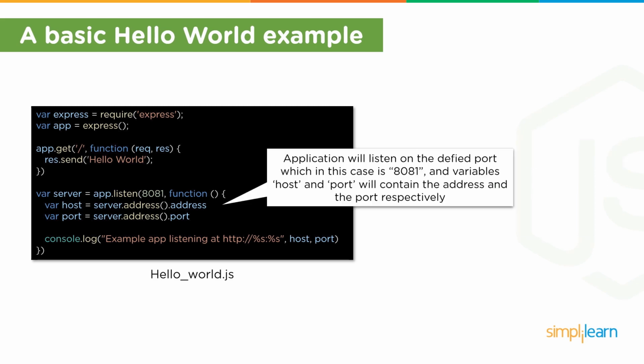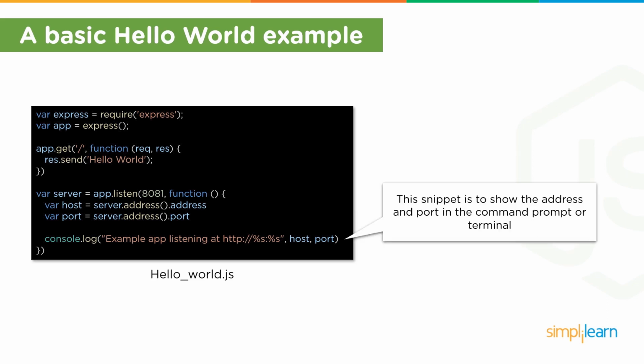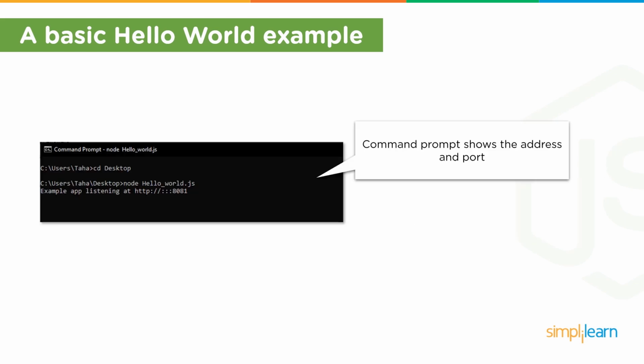In this instance, we're listening to port 8081 on our default host, and we're using server.address to get our host and our port on our server. And we're able to then dynamically create a console message. So if we look at the example here, now we've got a console message that's popped up onto the screen, which is dynamic to our own individual environment.